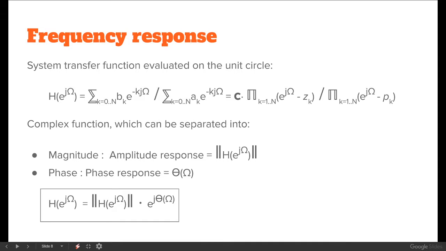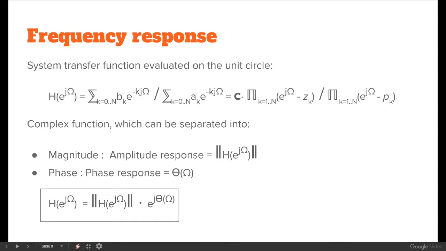Here our signal is on the imaginary axis. So you are evaluating H of S at S equals j omega. That gives you the amplitude response, the complex frequency response. That's in analog systems.